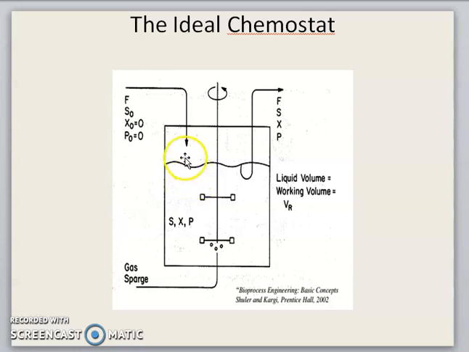Then there will be a certain time interval for fermentation, and then the product will be withdrawn. In the feed out, you might have remaining substrate, or the substrate might be totally consumed during the reaction. It depends on the reaction itself. And then you will have the values of cell concentration and product.